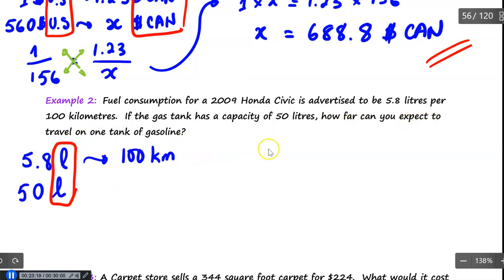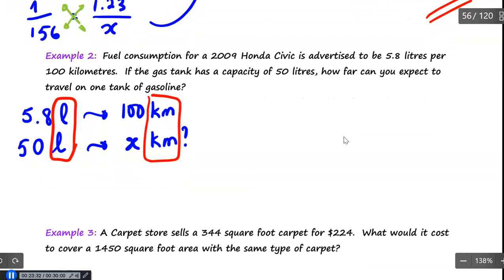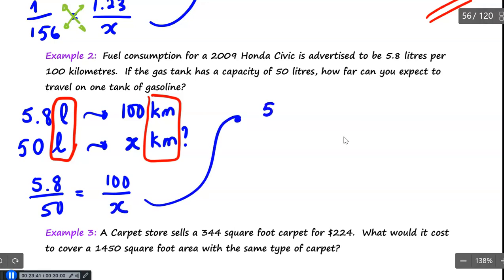How far means they ask for kilometers, so x kilometers is what I have to look for. Kilometers with kilometers, liters with liters, I can form a proportion: 5.8 over 50 equals 100 divided by x. From here, I can solve for x by cross multiplying: 5.8 times x is 5.8x, and 100 times 50.